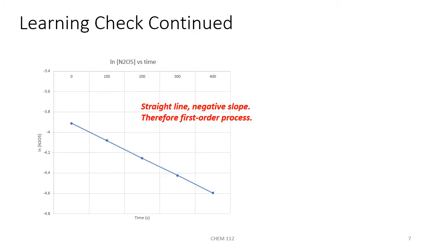So using Excel to plot that data, we have our natural log of the dinitrogen pentoxide on the y-axis, and we have time on the x-axis. And notice that these values are getting more negative here, and they're getting more positive in this direction along x. So you're plotting down in the fourth quadrant right here, if you think about your quadrant system.